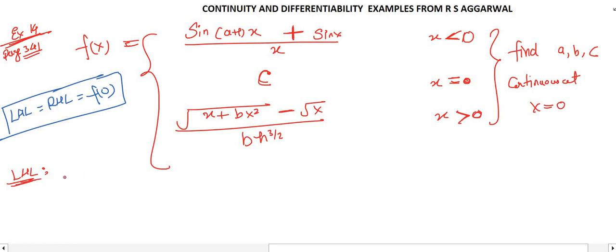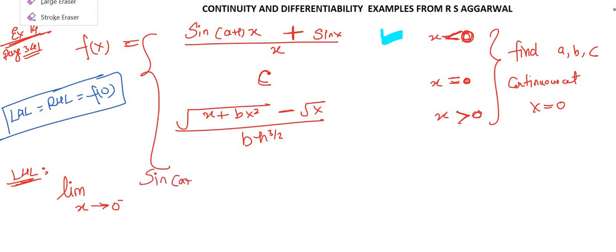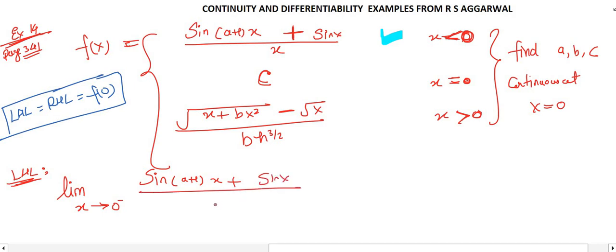First of all, for LHL, it is limit x tending to 0 minus, less than 0, f of x. So for less than 0, which one will we take? We will take this one. So it will be sine of (a plus 1)x plus sine of x by x.